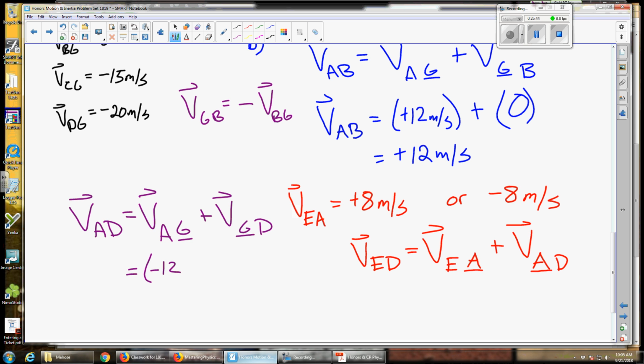No, positive 12, right? Positive 12 meters per second, plus, well, the D to G was negative 20, so what's G to D? 20, positive 20. Which means the velocity of A to D.